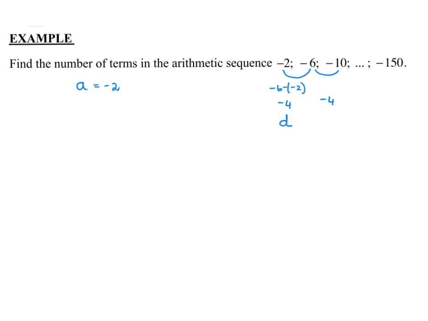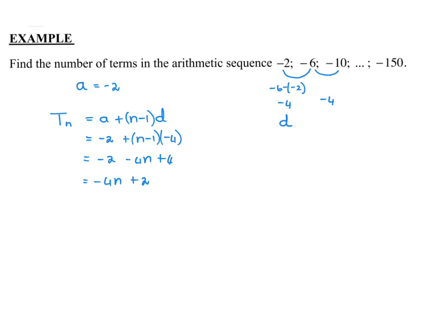Again, we're going to determine the nth term of this sequence, and we're going to substitute D and A. And then we're going to simplify the formula. So you say minus 4n plus 4, and that's minus 4n plus 2.